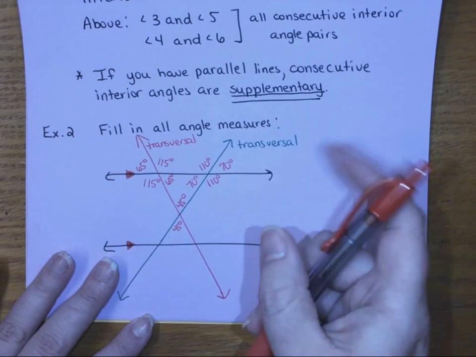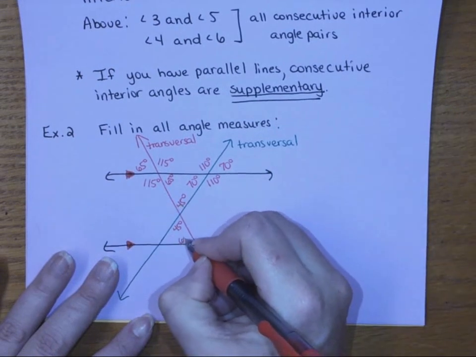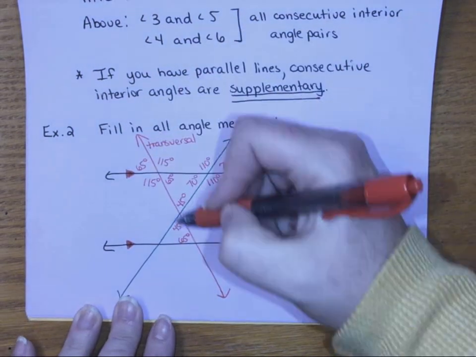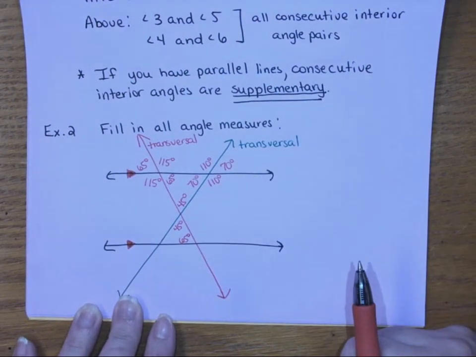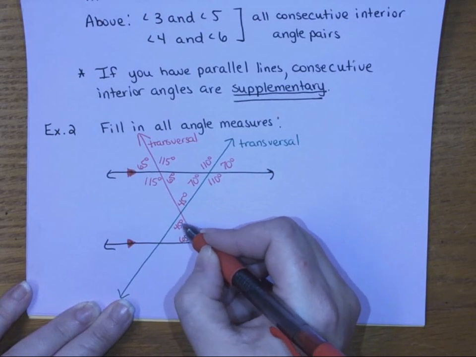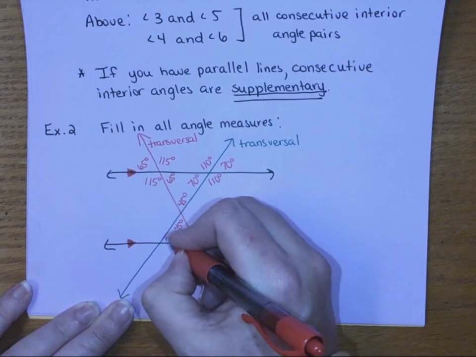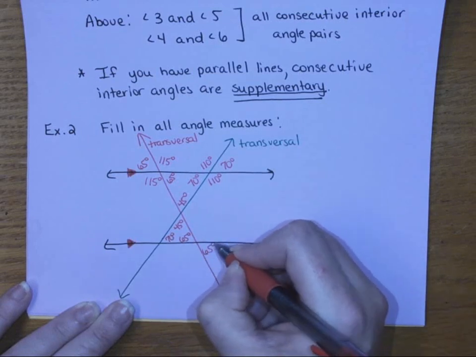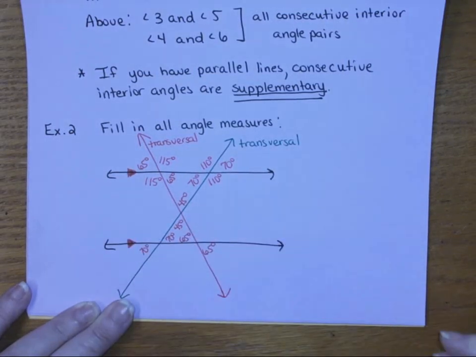So in other words, this is 65 because I chose to talk about corresponding angles. Okay, this was top left, this was top left. But then notice we can do everything else we did before, right? This adds up to 110, which means this must be 70. And then we can go vertically across from this one and this one.